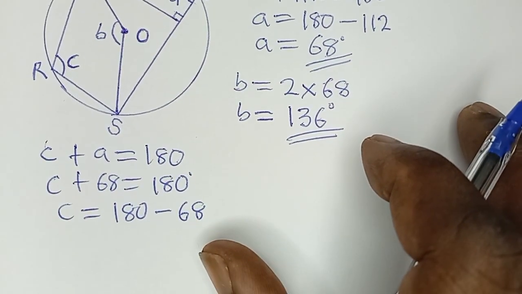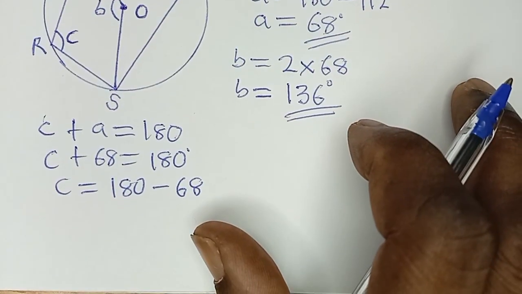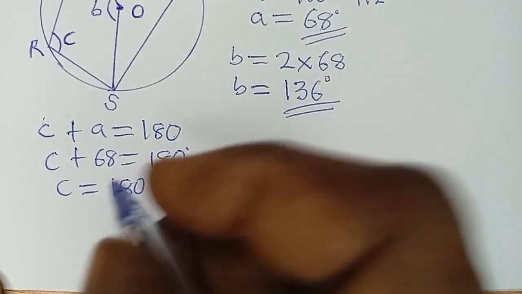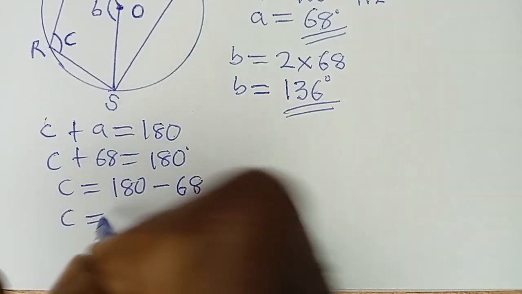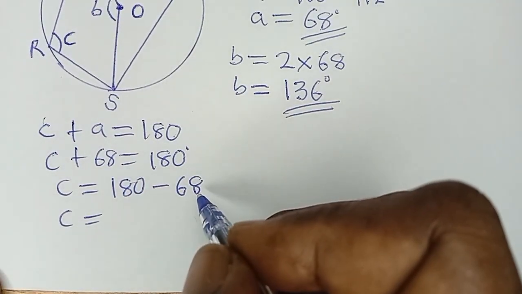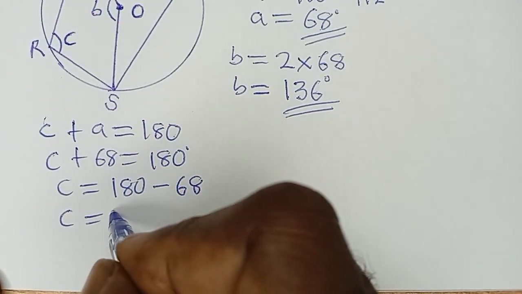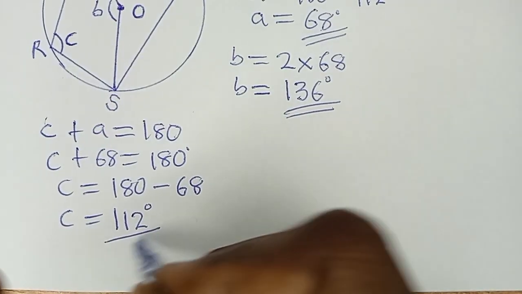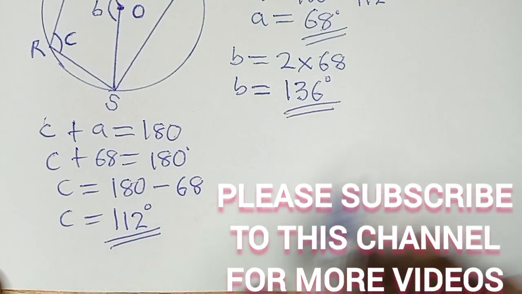And then from there, I can conclude by saying that the value of angle C now will be equal to 180 minus 68, which will give me 112 degrees. So angle C is 112 degrees.